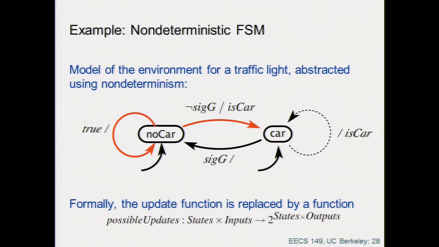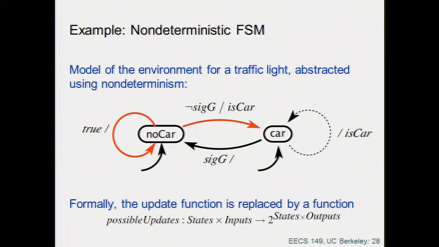The country road problem is that you have a standard traffic light which works time-triggered, so every so often it goes from red to green, to yellow, to red, always like that. But people get very antsy because no car comes across from the side, so you have a bunch of cars sitting there waiting for the signal to turn green, and there is no need for that signal to be red, because there is no car on the side. So there is a sensor that detects if the car is there or not.